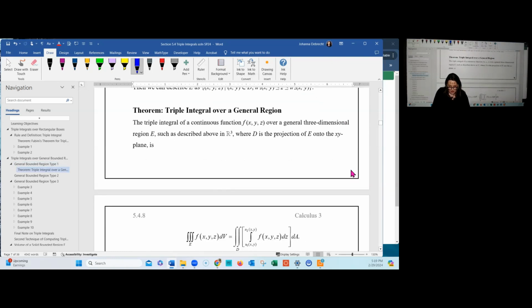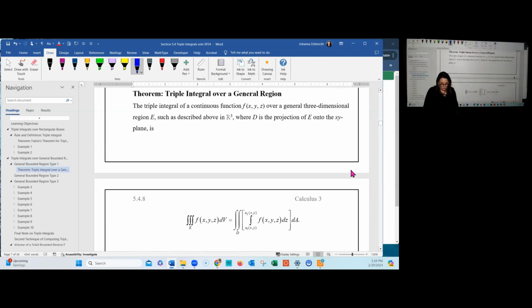Let's talk about how to write the triple integral over a general region. We start with a continuous function, f of x, y, z, over a general three-dimensional region, E, some general three-dimensional solid. It could be anything. It could be a lamp, all right?